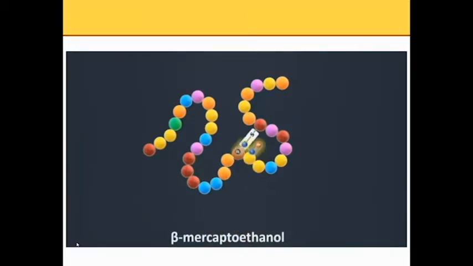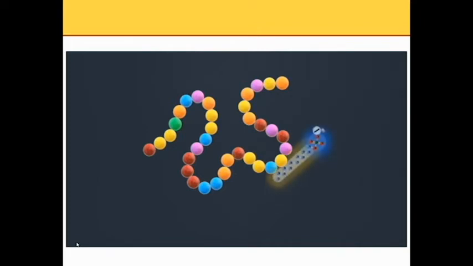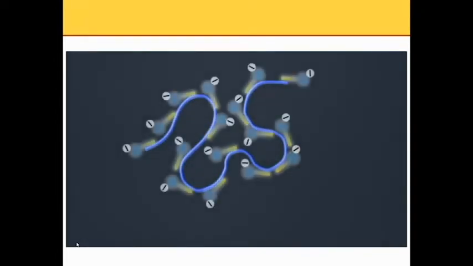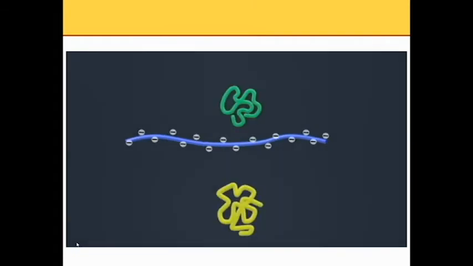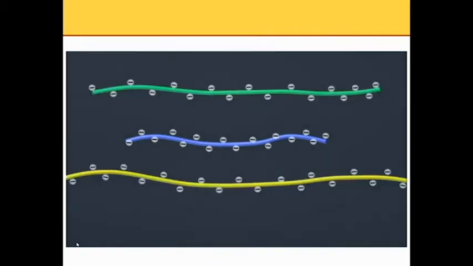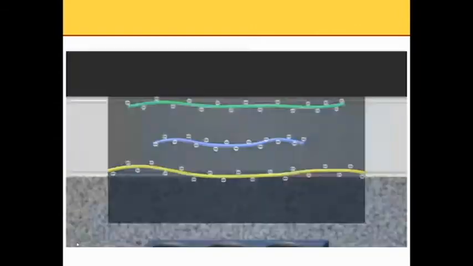When a protein mixture is heated, SDS binds uniformly to the protein, giving negative charges. This treatment brings the proteins down to linear molecules with net negative charge. Therefore, these proteins can be separated in a polyacrylamide gel based on their molecular weight.